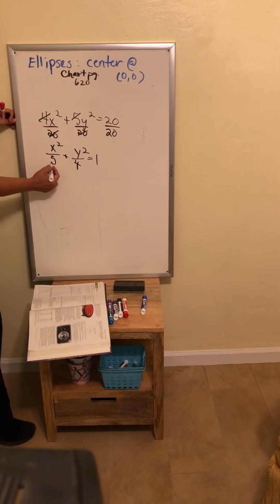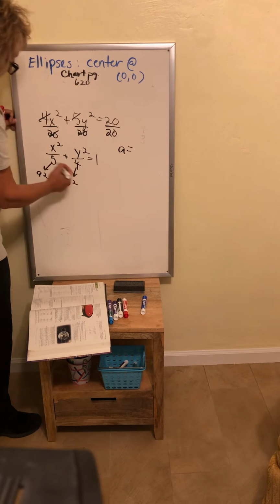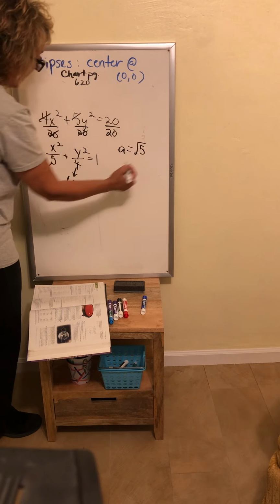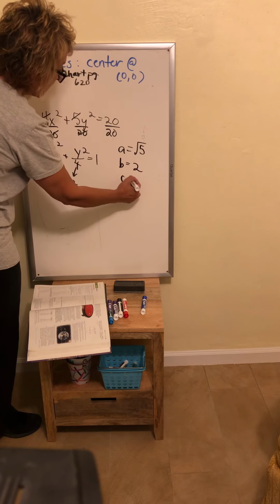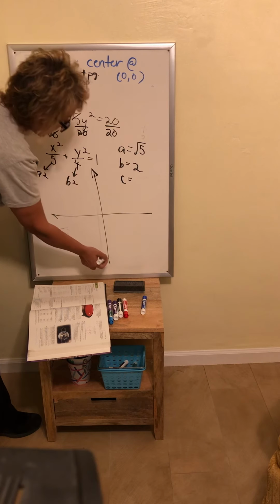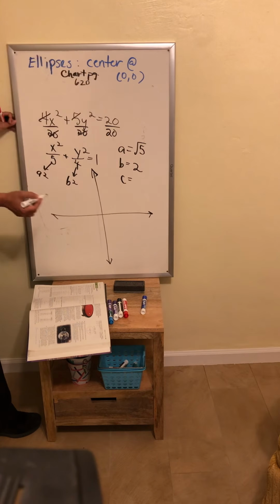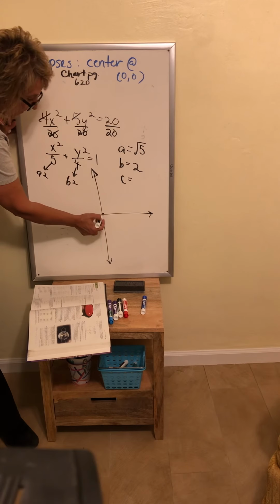So since this is larger again, this is our a squared, and here is our b squared. So a equals the square root of 5, which I'll leave like that. B is going to be the square root of 4, which is 2, and we will solve for c here in a moment. So let's go ahead and graph it. When we are graphing it, again, we have the center at 0, 0 because it's just x squared and y squared.